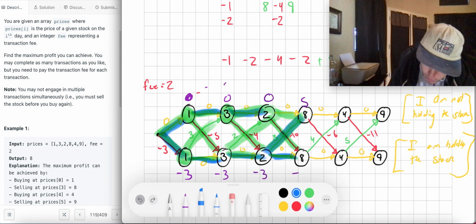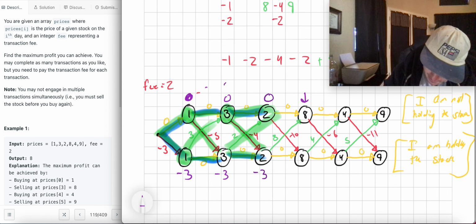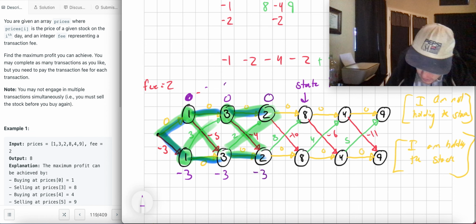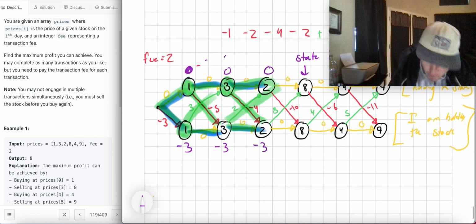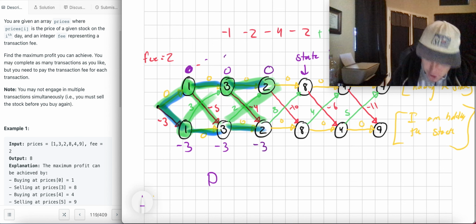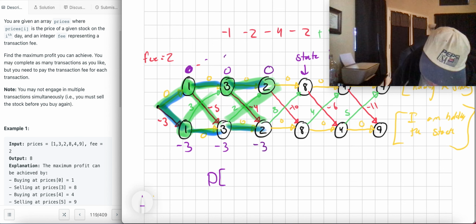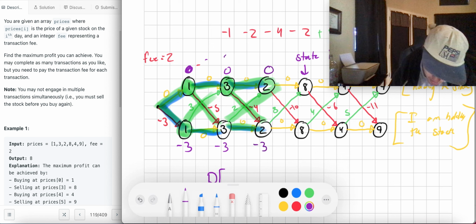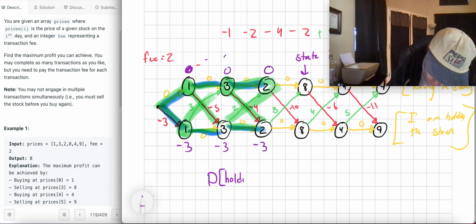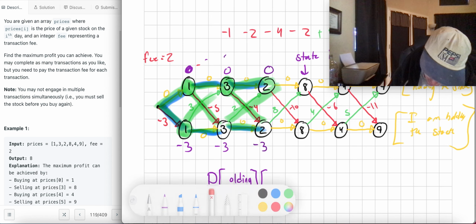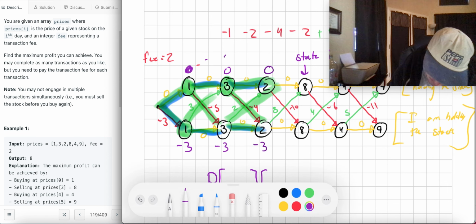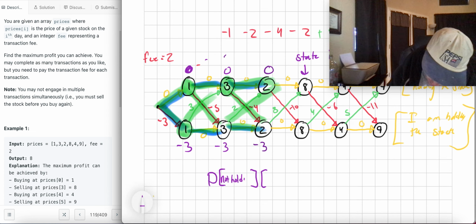Even though we just walked through a problem, let's try to find what it is exactly for any state. Right, so let's say this is state I. So the dynamic programming solution, when you're not holding the stock, is what?